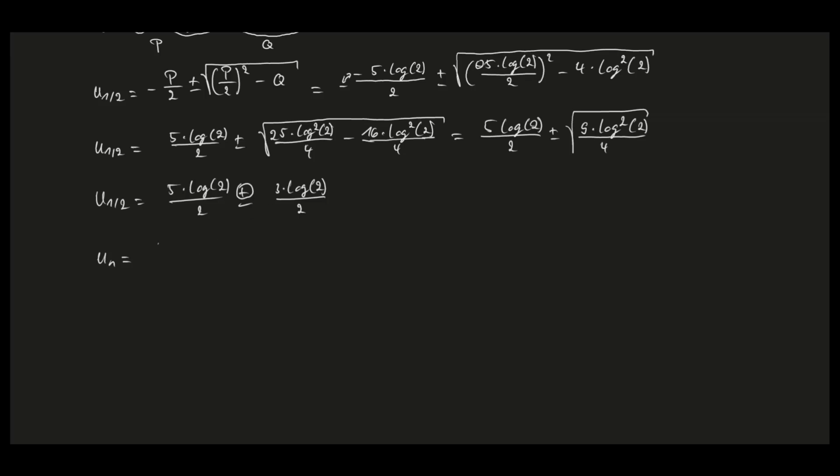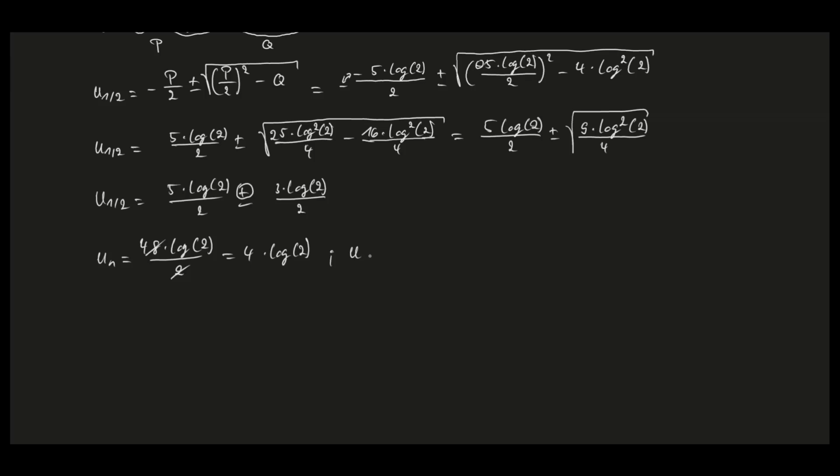So we get 8 times the logarithm of 2 over 2, and we can cancel 8 with 2, and we get 4 times the logarithm of 2.